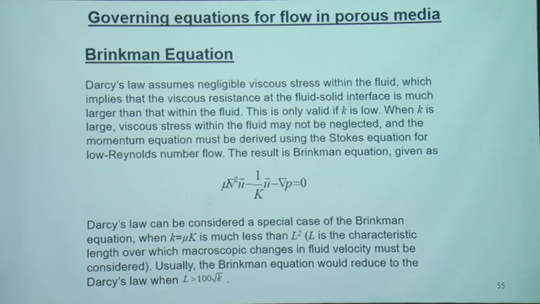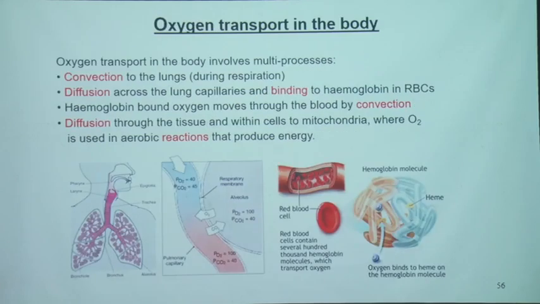Otherwise, you will need to use the Brinkman equation, right? And you will see that when the length scale of interest is much larger, the Brinkman equation actually reduces to Darcy's law. Mathematically, they will converge to the same solution.